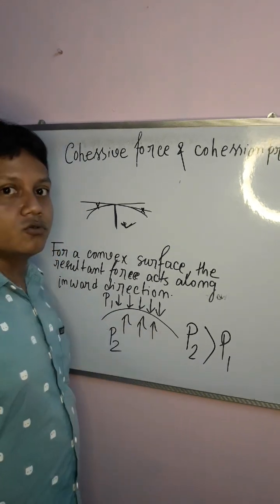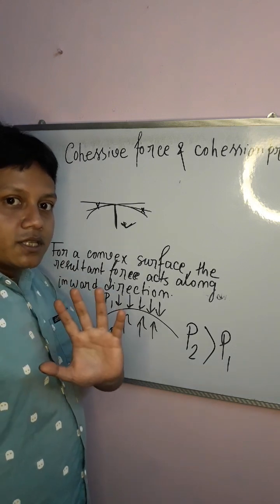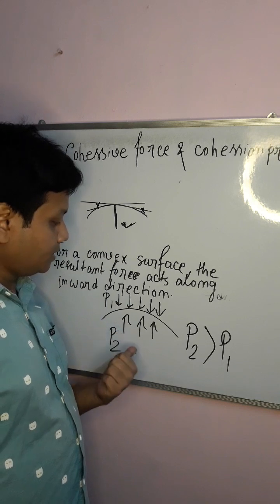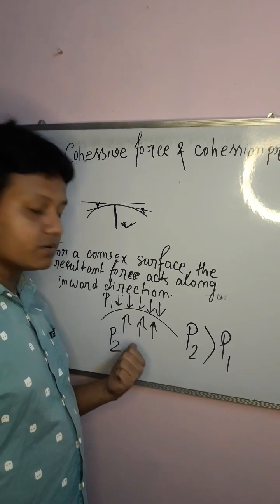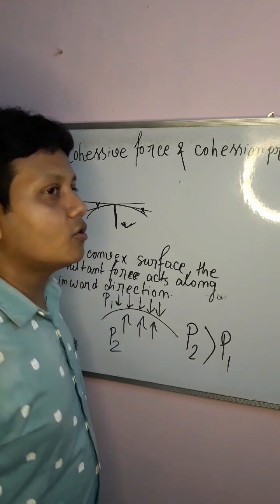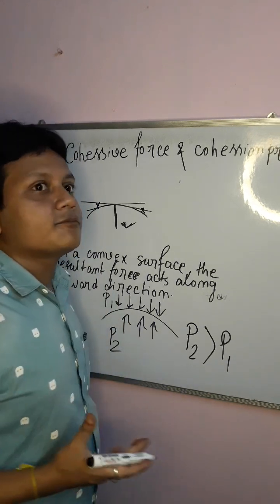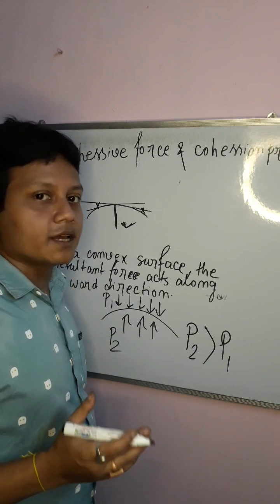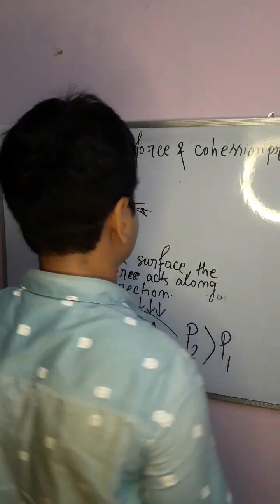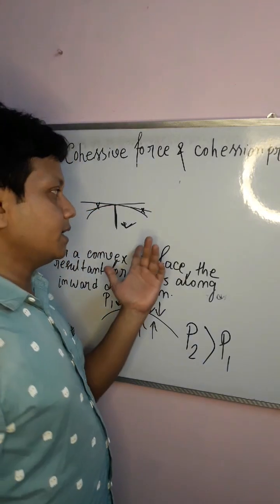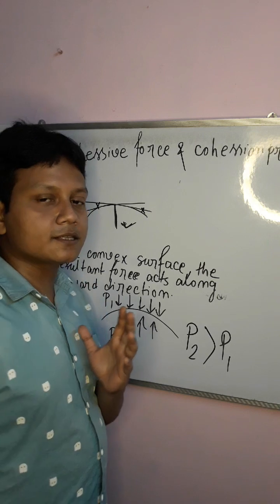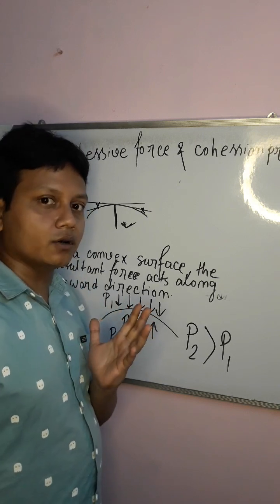Previously we saw that the pressure in the concave side is larger, and in this picture also the pressure in the concave side is larger. So we can conclude that excess pressure always lies in the concave side. I explained these things in order to show why the excess pressure lies in the concave side.